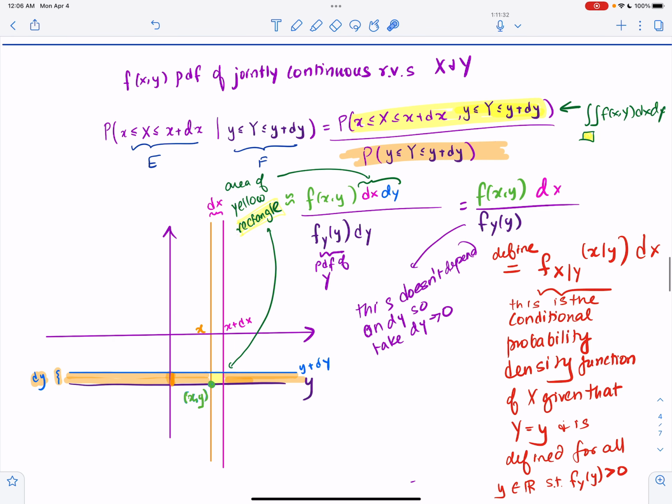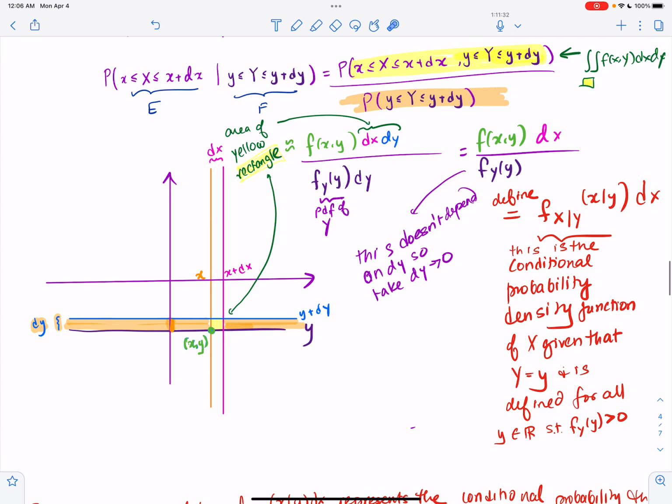Okay, so this is the probability that X is in the interval x to x plus dx and Y is in the interval y to y plus dy. So I have drawn this line, x and x plus dx, and here's y, and here's y plus dy.